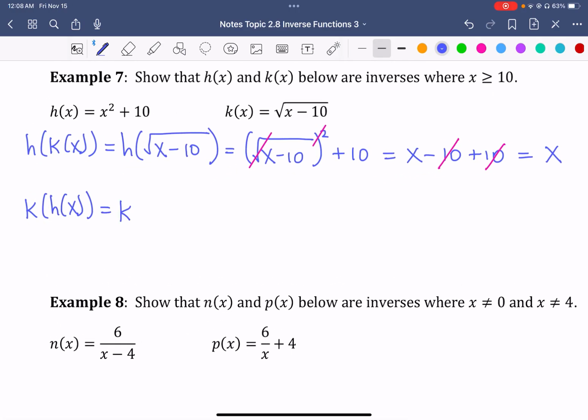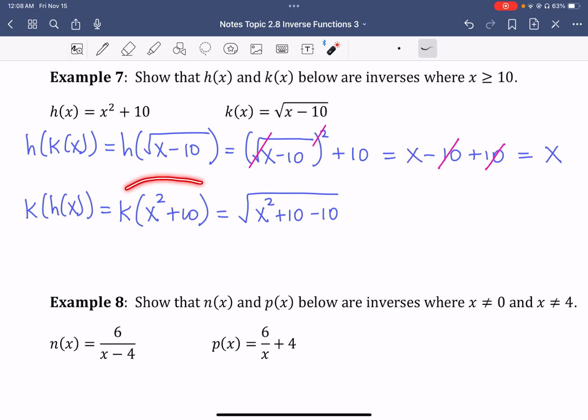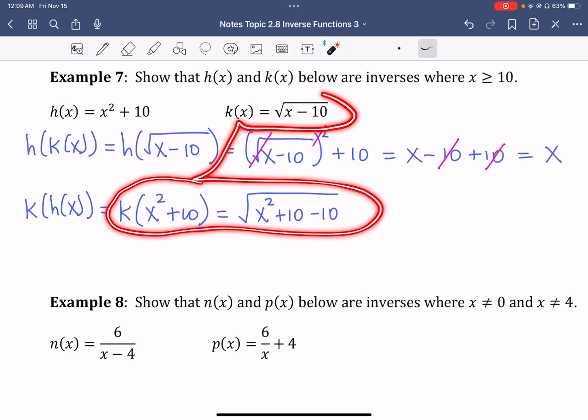So we have k, and then inside, the equation of h of x is x squared plus 10. Into k, I will put the square root of x squared plus 10, and then there is also an additional minus 10 in there. So just to show you, these two are the same, just that this x is now x squared plus 10.